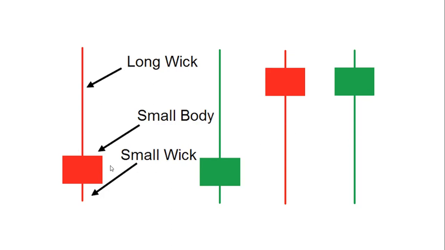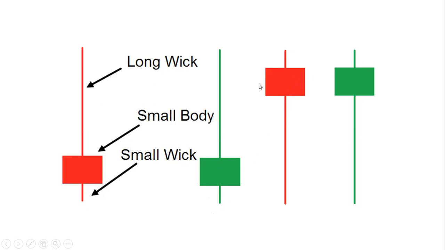Sometimes you see them in green, but whether it's red or green, it's still selling pressure. If you see this on a resistance zone, this shows that price is ready to go down. So you place a trade after this particular candlestick formation.